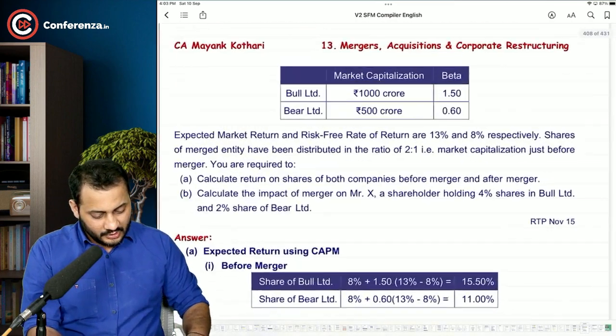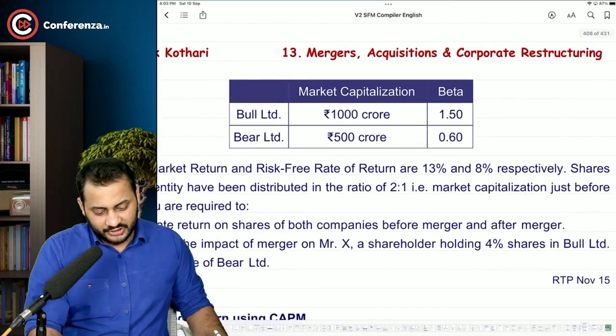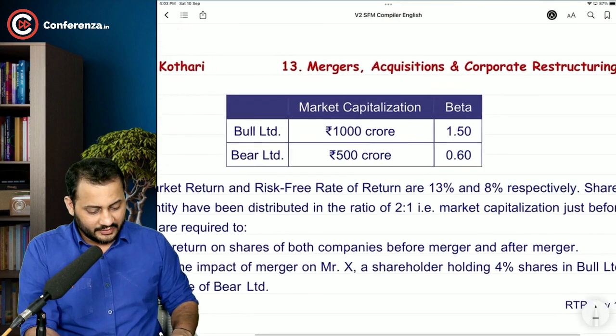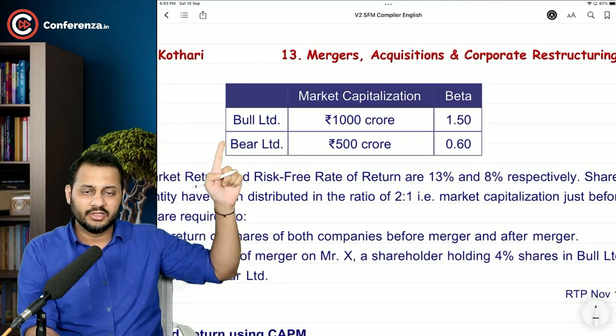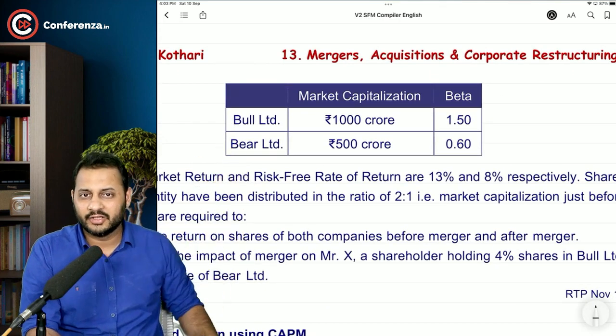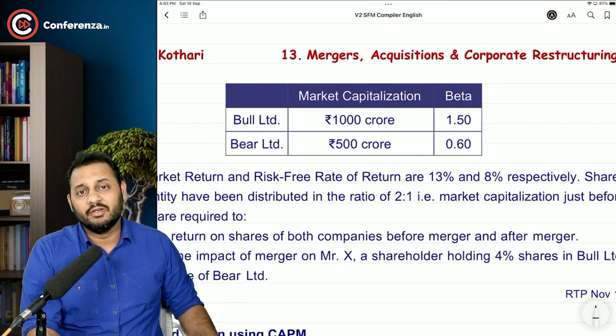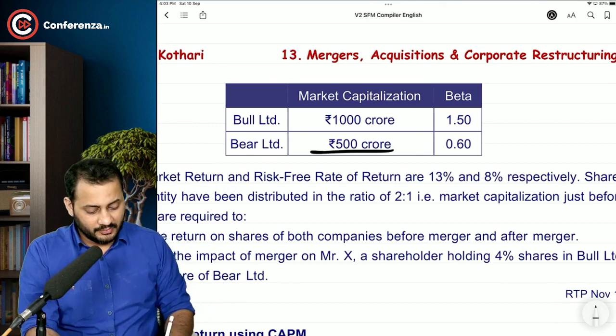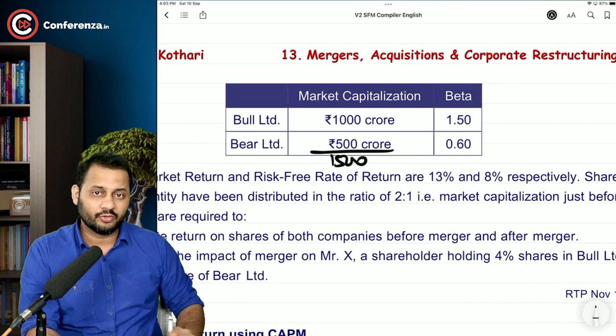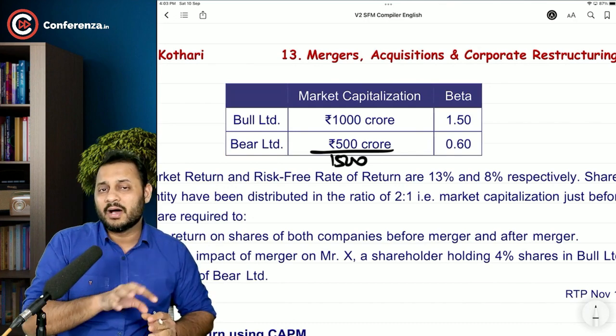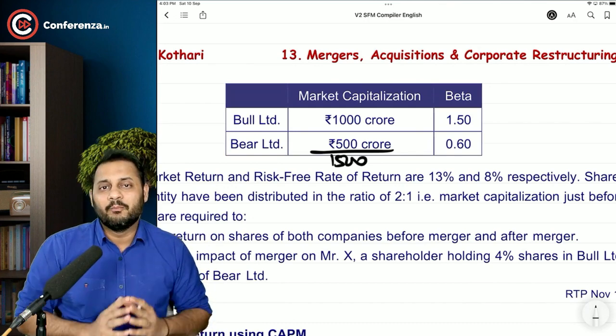This is the market capitalization of both the companies. So can we say that the market capitalization of Bull is 1000 and Bear is 500 crore. Plus there will be some synergy benefit. The total market cap right now is 1500 crore, but that is not going to be the only market value of the combined entity.